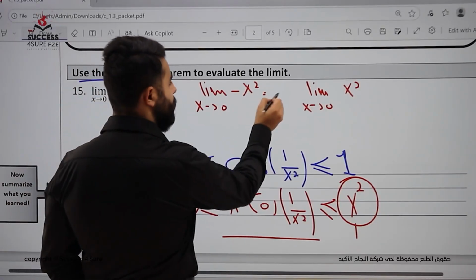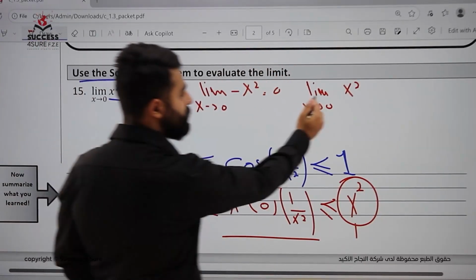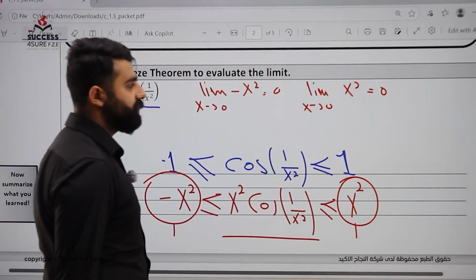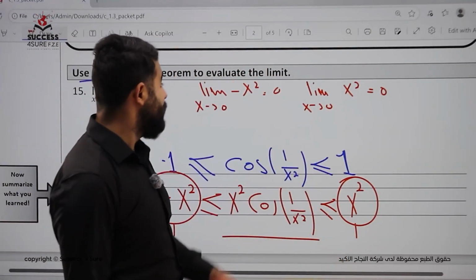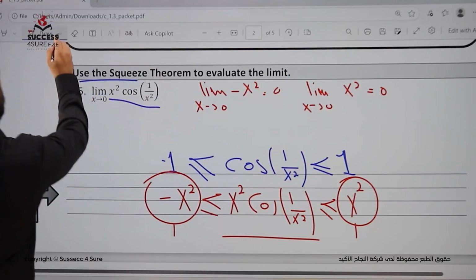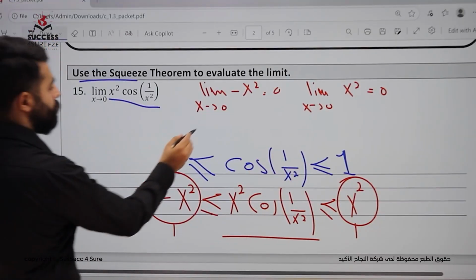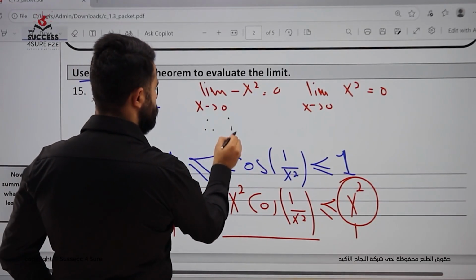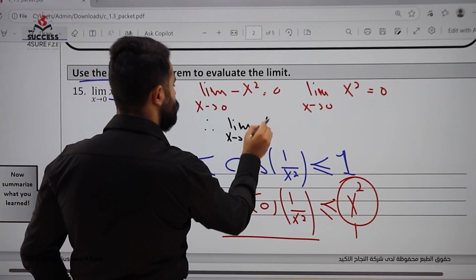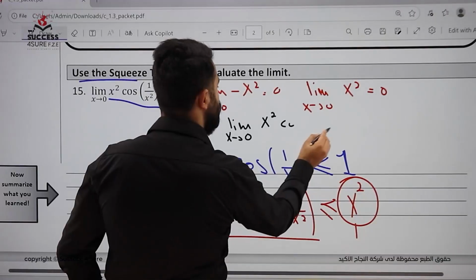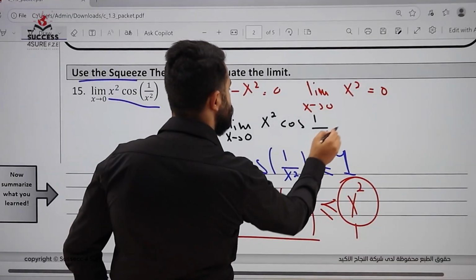What is the answer here? It's 0 because of direct substitution. What is the answer here? That's 0 because it's a direct substitution. Since both exist and they are equal, that means the limit as x approaches 0 of x squared cosine of 1 over x squared equals 0.